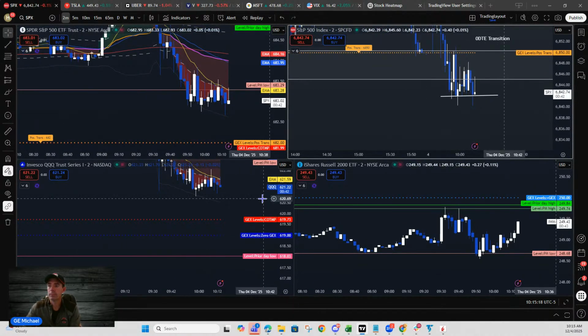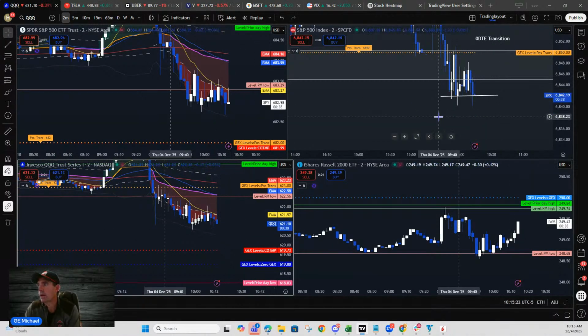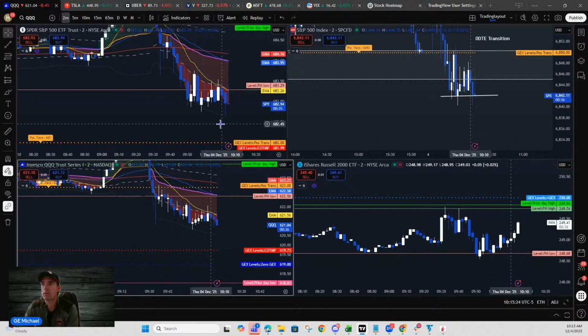IWM moving up. Looks like QQQ and SPX, SPY a little bit weaker than what IWM is.